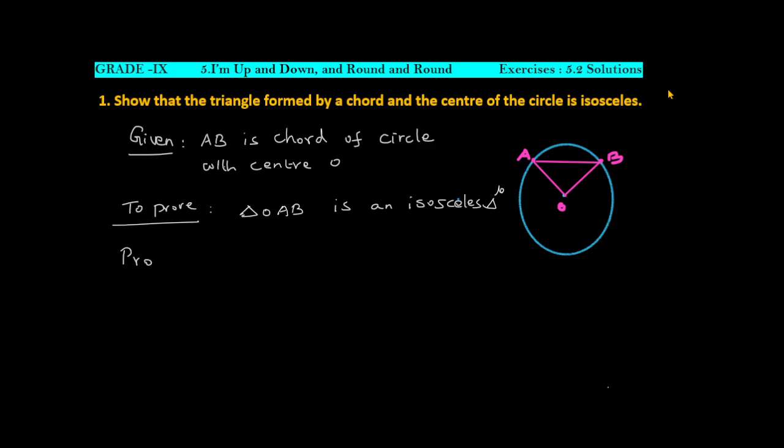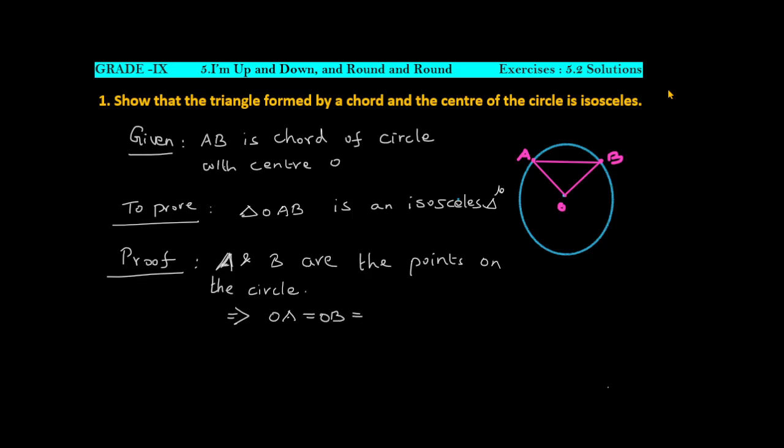For the proof, since O is the center, we know that A and B are two points on the circle, and O is the center, which implies OA is equal to OB is equal to the radius of the circle.